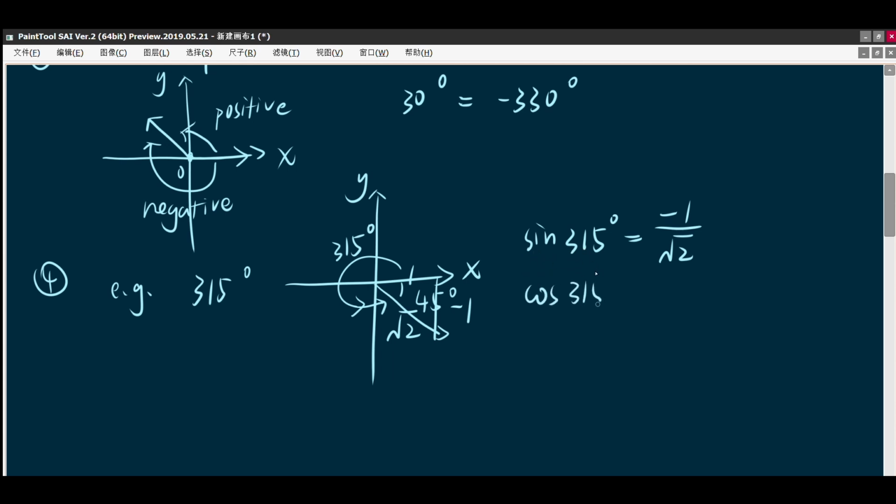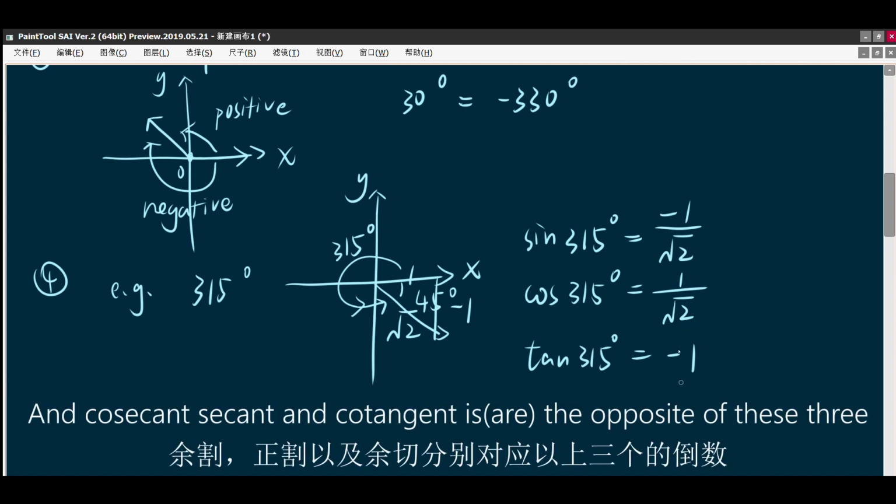Cosine is 1 over the square root of 2. Tangent is minus 1 over 1, which is minus 1. And the cosecant, secant, and cotangent are the opposite of these three.